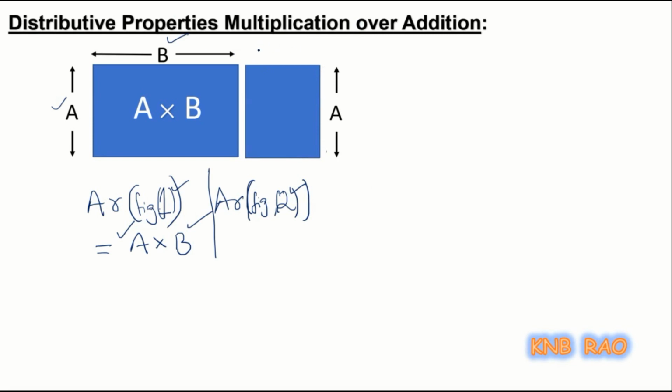It is not equal to A, the breadth of the bigger rectangle, nor is it equal to the length of that rectangle. So we shall name it with a different letter, C. Now that we have the dimensions of the second rectangle, its area will be A into C.